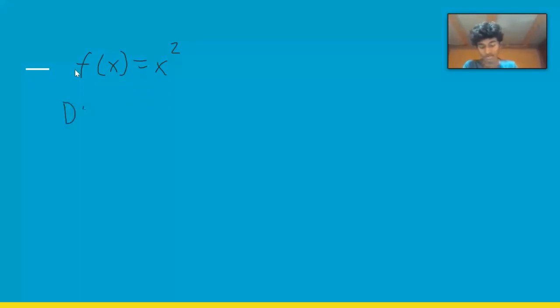In other words, what are all the possible x values so that this function is defined? If you think about it for a minute, you might conclude that any x value will work. We can input any x value and we'll get an output, which is that input squared. So our domain is from negative infinity to positive infinity.